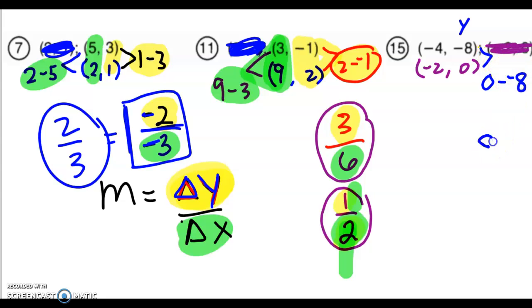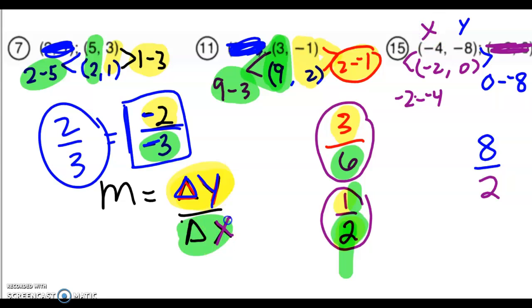And that would be 8. Check me on a calculator if you don't believe me. And -2 subtract -4. -2 subtract -4 would give me a 2. And again, you can check me on the calculator.